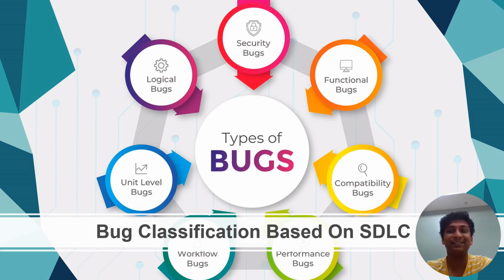Unlike syntax errors, which are relatively easy to spot during the violation of the programming language rules, a logical bug occurs when the code does not produce the expected output or behavior.